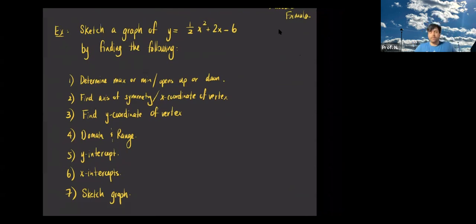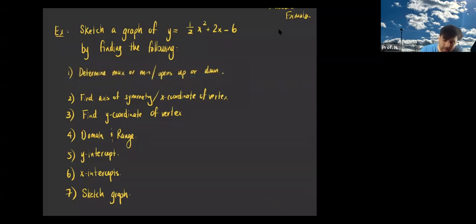Okay, so before we do that, actually there should be a step right before this. So you can call this 1A, this is 1B. You should find the coefficients first. Find the A, B, C coefficients.